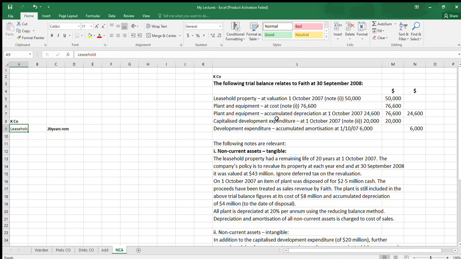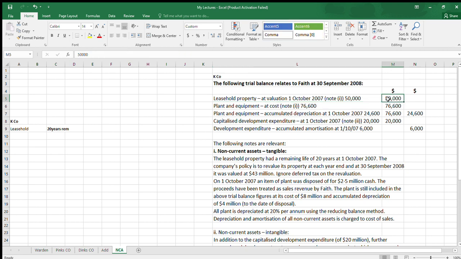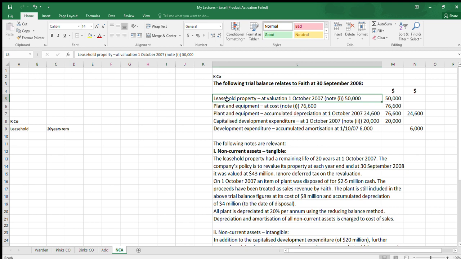Now when you look at the question, when you go upwards, the question says that leasehold property at valuation as at 1st October 2007, note I, it was $50,000. Now the question says that this trial balance relates to Faith at 30th September 2008.